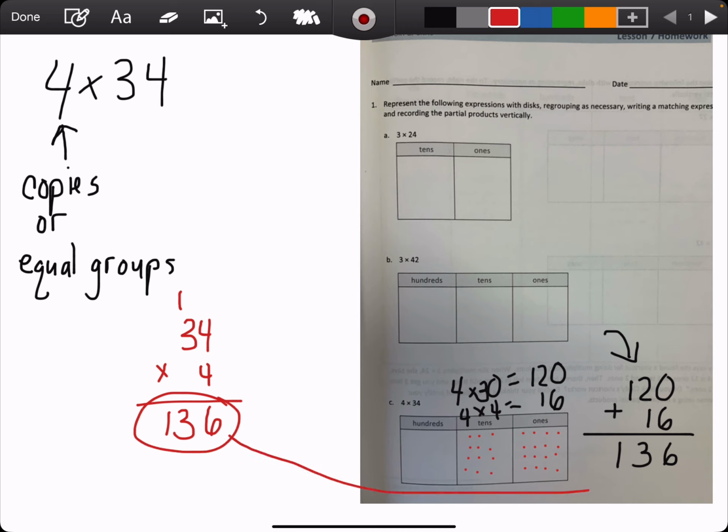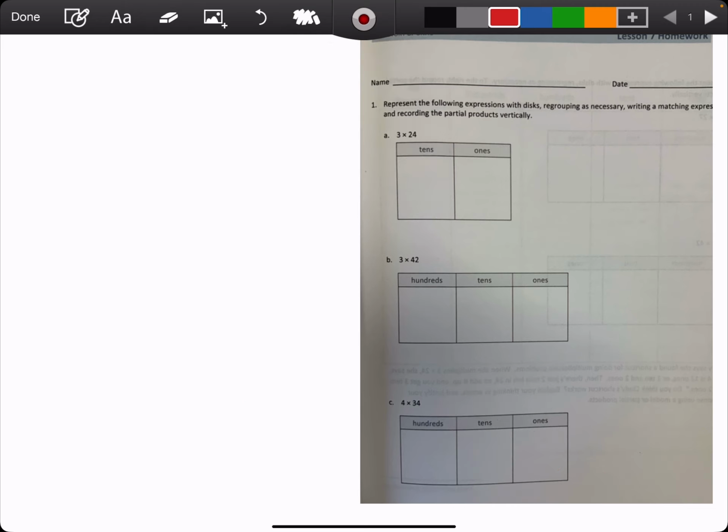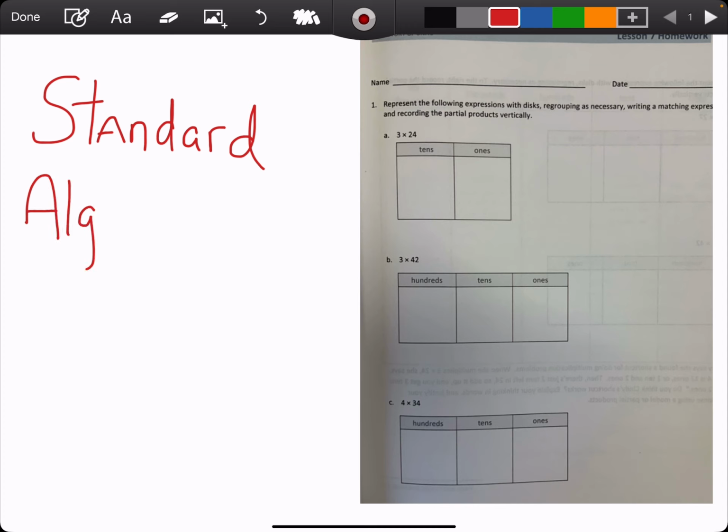Does that 136 match that 136? It does. Okay, so I'm going to leave it at that. This is the standard algorithm of multiplication.